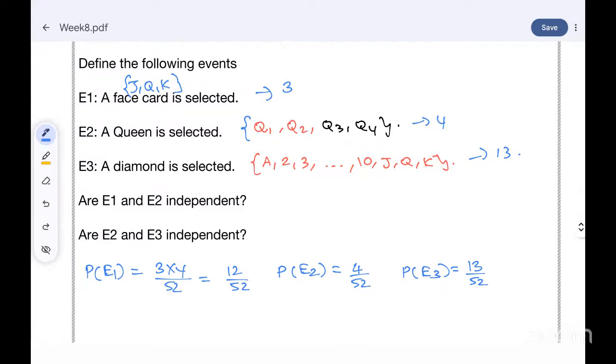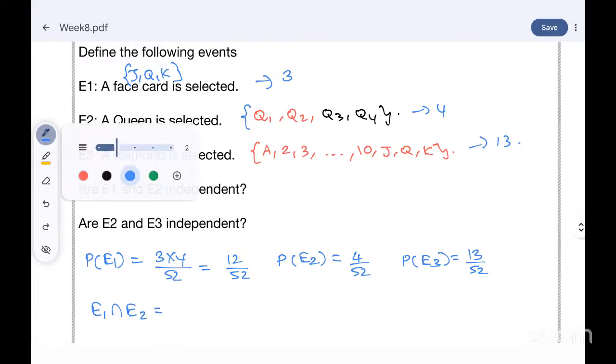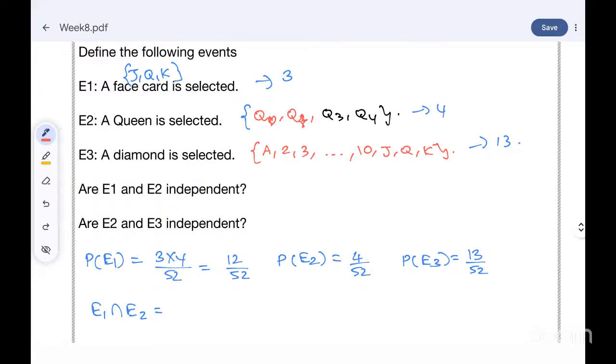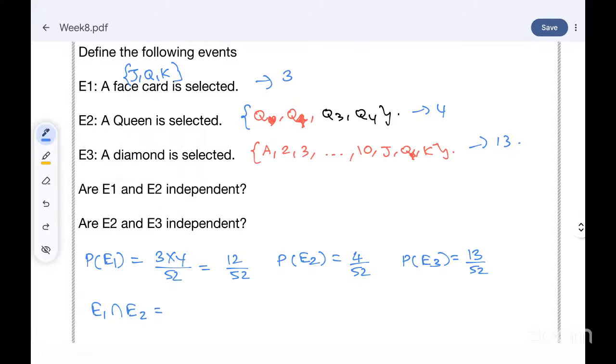All right. Now, first, what is E1 intersection E2? Let's put it like a heart and a diamond one. What is there in the intersection? How many elements are there in the intersection? All 4 cards, Q1, Q2, Q3, Q4, are there in the intersection.